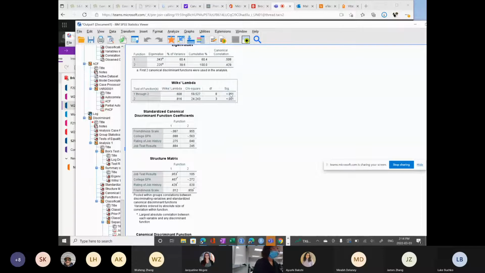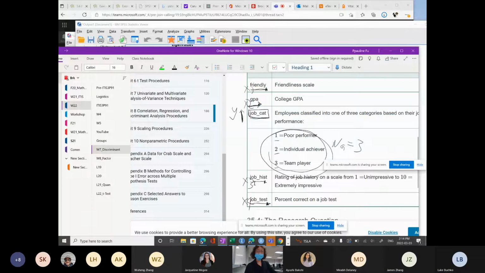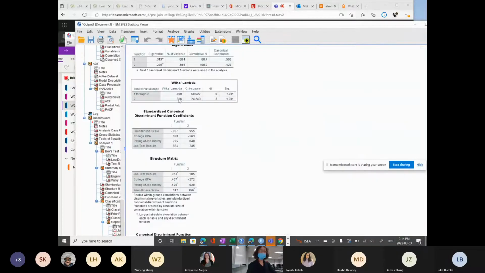Which 4? Friendliness, college GPA, job rating, and job test. Using those 4 variables to predict job category is appropriate because Wilks' lambda is significant.